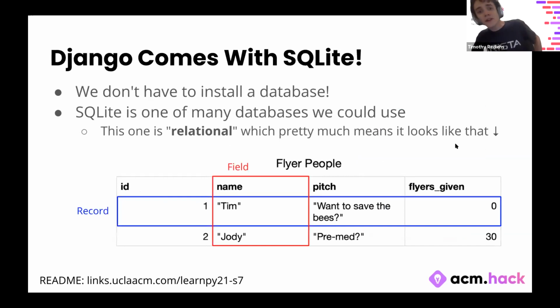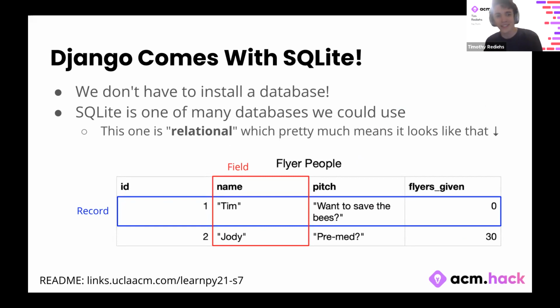So as I mentioned before, Django actually comes with Sqlite, so we don't have to do any database installation. We can just use it out of the box. Sqlite is one of many databases.